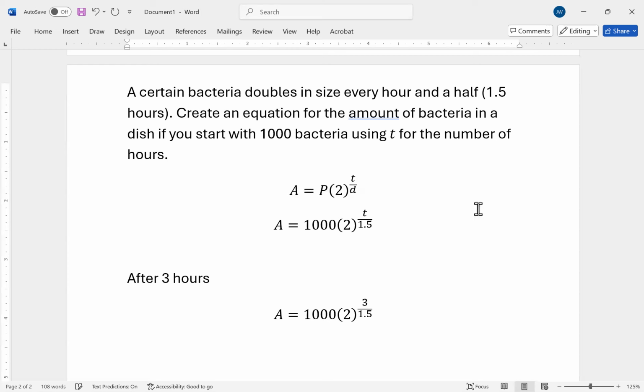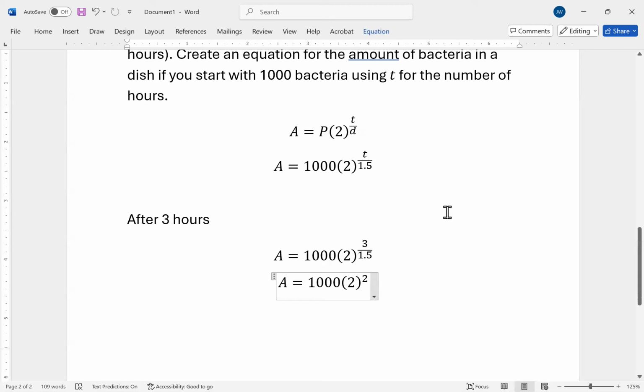So that is essentially 1,000, and then we're taking a doubling and then a doubling again. In the first 1.5 hours, it doubles. In the second 1.5 hours, that would get us to 3 hours. It would double again. So there's 2 doubling time periods. And therefore, the amount is equal to 4,000 bacteria.